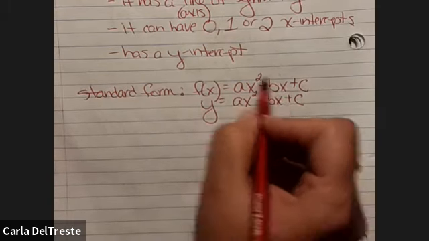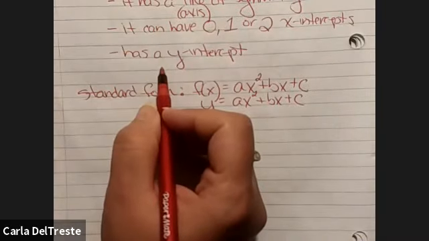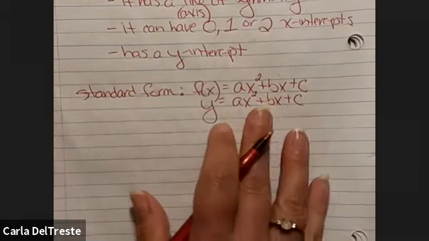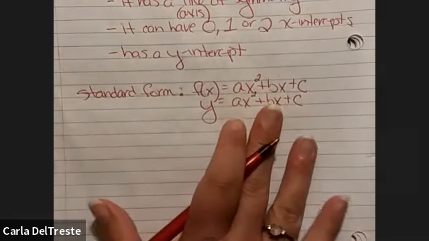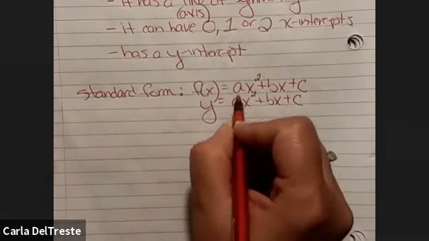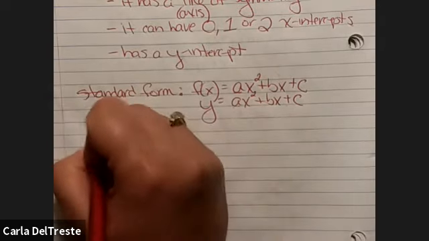We're going to try to explore this and see what it tells us about the function. Okay, so just by looking at the formula, what does the formula tell us about the function? So it turns out that the a value is very important, okay?